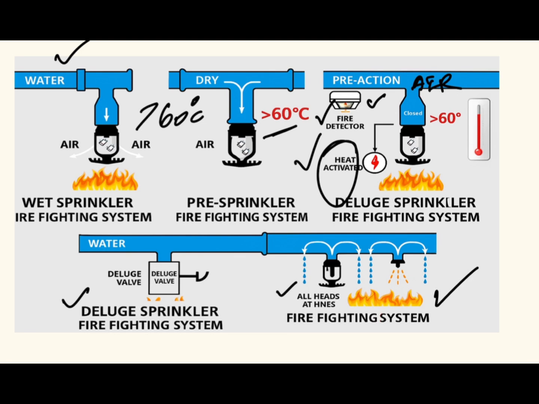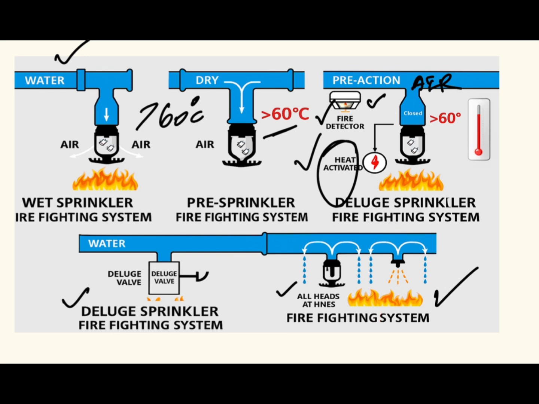For both of them, no fire detector is needed. Another key point is that all heads are not open at the same time. Water flow is triggered by heat at an individual head, and in dry, air will be released and then water. So first heat at the head, then air release, and then water in a dry system.